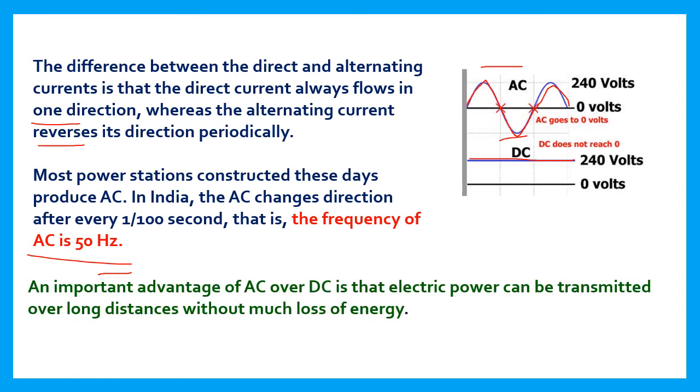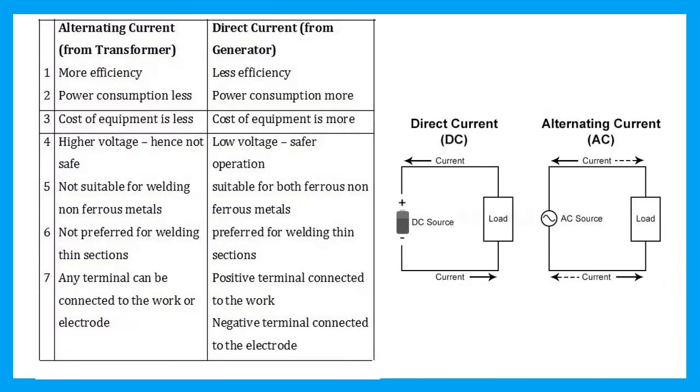An important advantage of alternating current over direct current is that electric power can be transmitted over long distances without much loss of energy. That is a very important advantage of AC over DC. Here you can see the difference between alternating current and direct current.